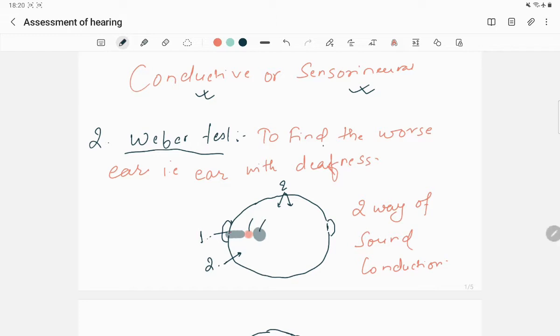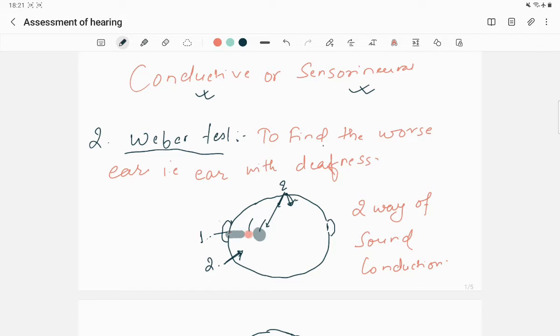Second, if the skull bone, mastoid process or forehead is stimulated, then via bone conduction it stimulates the cochlea and goes via the vestibulocochlear nerve to our auditory center.